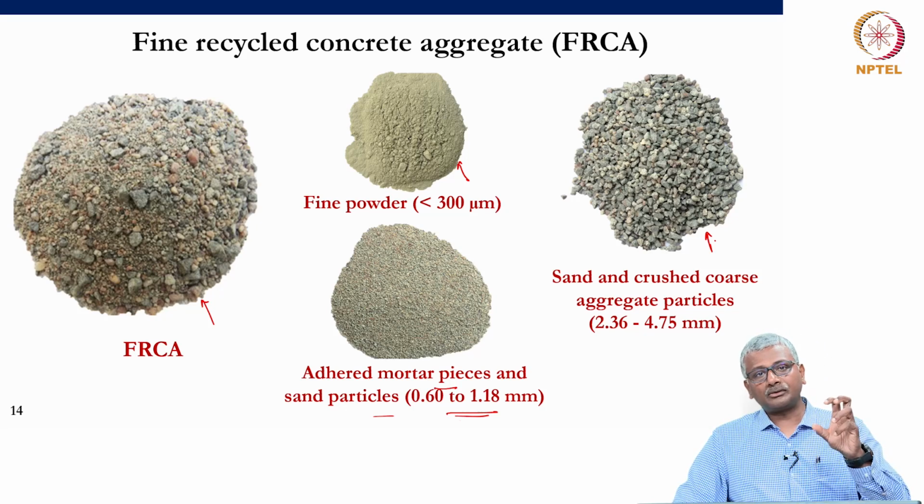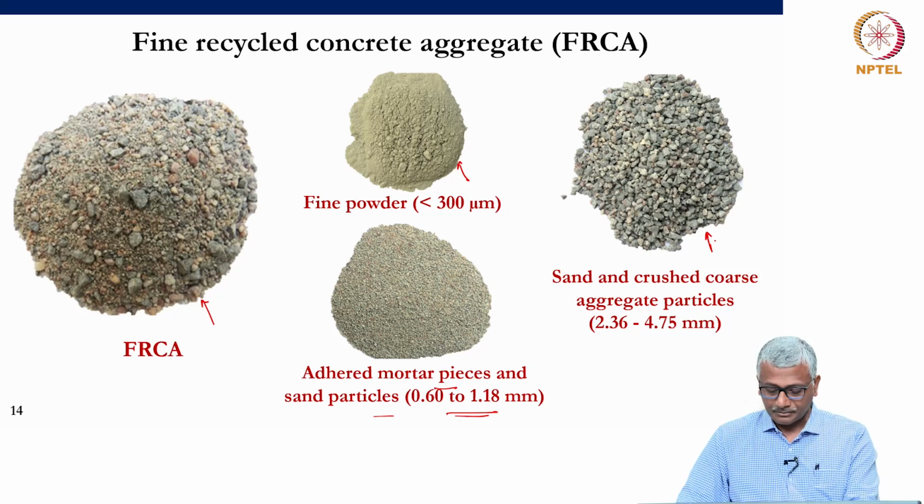Basically, you are crushing the concrete into a size that is smaller than 4.75 mm, and that is your fine recycled concrete aggregate. These are the different types of aggregate that you can get from construction and demolition waste. The extent of usage, or the amount that can be used, is again defined by IS 383. We will quickly take a recap of this in a later part of this lecture.